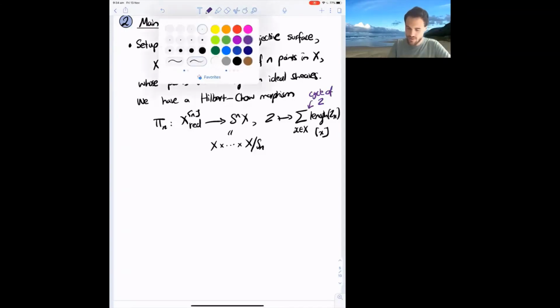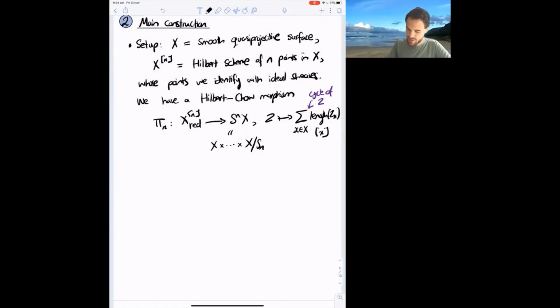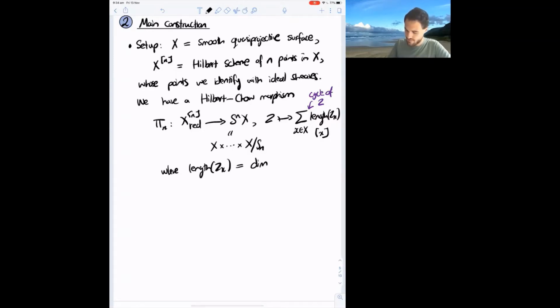And the length of Z_x is meant to be equal to the dimension over C of the global sections of O_Z at x.